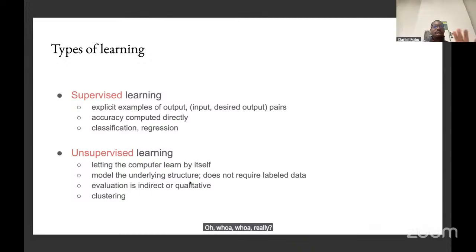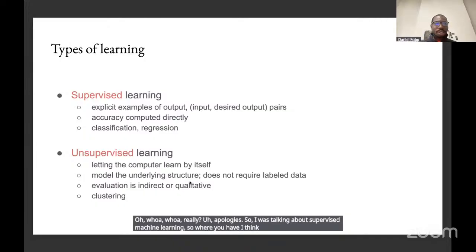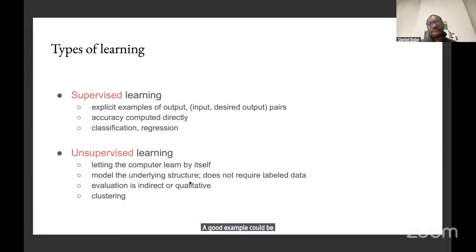Apologies. So I was talking about supervised machine learning, where we have classification and regression problems. The classification problem often has to deal with things that you're able to label or classify. A good example could be a galaxy, where you have irregular galaxy, elliptical galaxy, spiral galaxy.